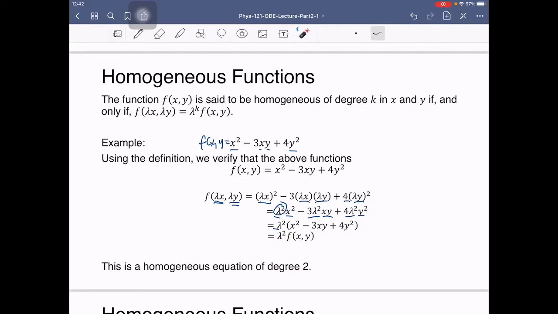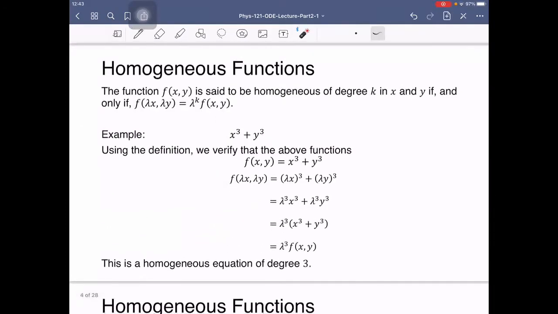Okay, let's have another example. So now we have f of xy is equal to x cubed plus y cubed. So let's do the same thing. Palitan natin yung x and y with lambda x and lambda y. So mangyayari lambda x cubed plus lambda y cubed. So ganun lang din.